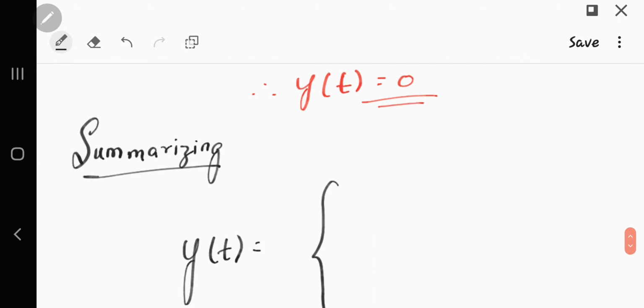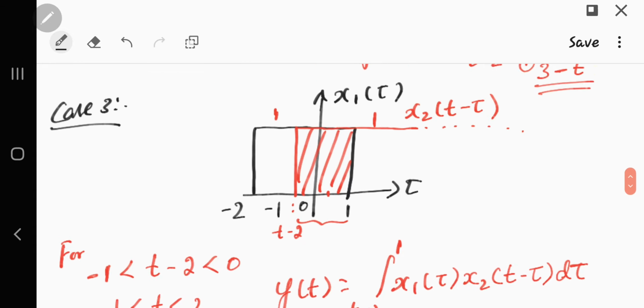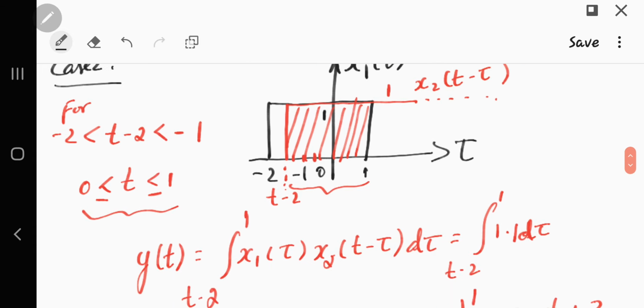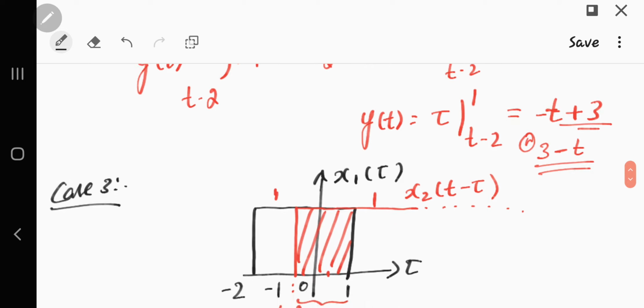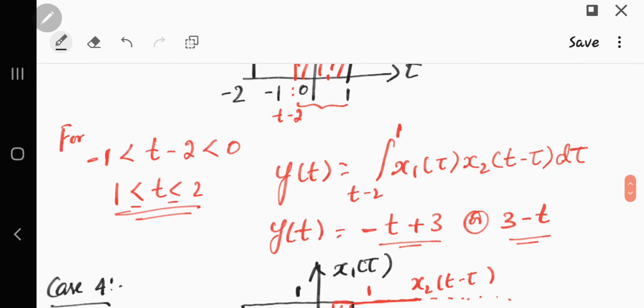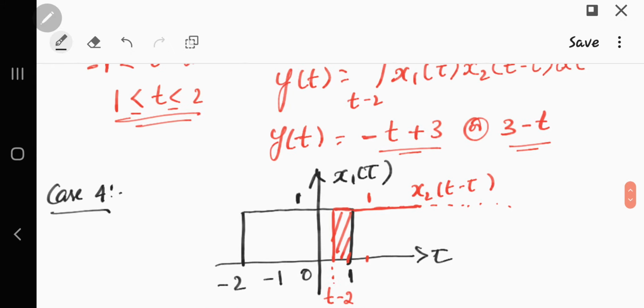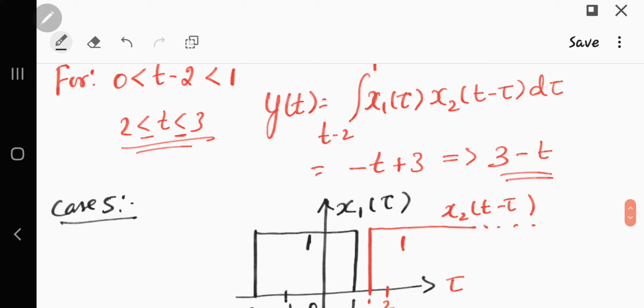So let's write down here, y of t is equal to 3 for t less than 0. Next, second case, for t between 0 and 1, what is the value? It is minus t plus 3, or 3 minus t. And we got the same answer for case 3 also, between 1 and 2. Again it is 3 minus t, and for 2 to 3 also it is 3 minus t.